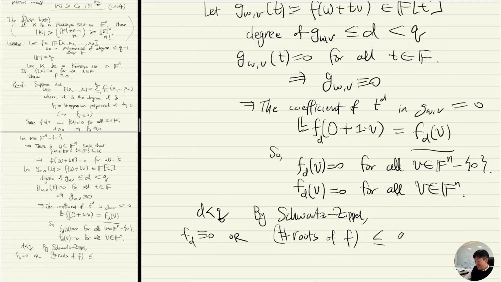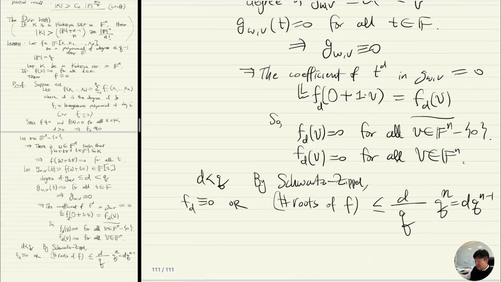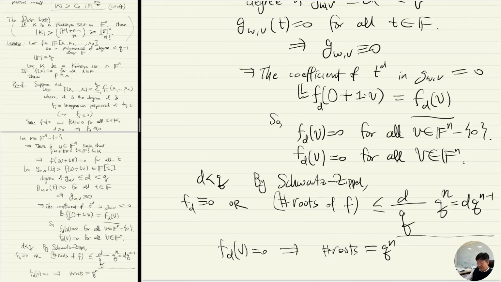That means the number of roots is at most d times q to the n minus 1. But we knew that f_d of v is 0 for all v, so the number of roots is actually q to the n. Any v is a solution, and the number of possible v is q to the n, and q to the n is strictly bigger than this. So that means f_d is identically 0, contradiction, right?